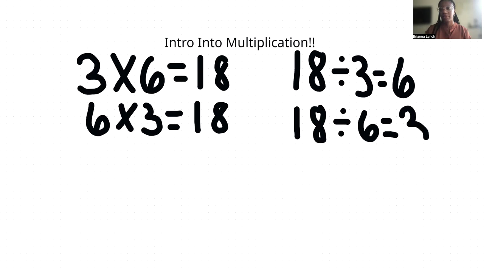All right. So with division, it's basically like this. I started off with 18 apples total, right? And they're in groups of 3, okay? So what ends up happening is I'm taking 3 of those groups away. So if I take 3 groups of 6 away from the 18, I'm going to have 6 left, okay? Same concept here for the bottom one.